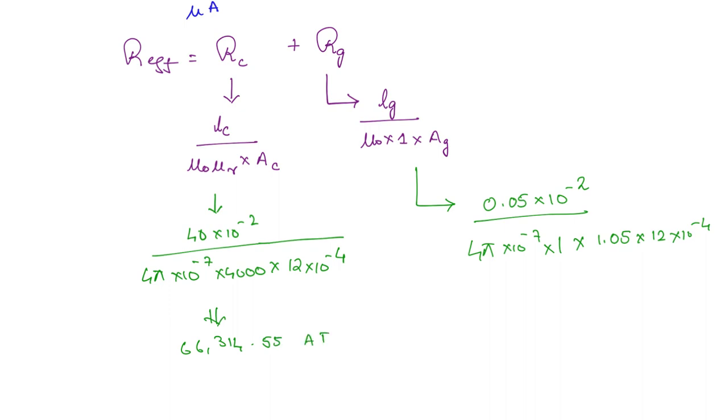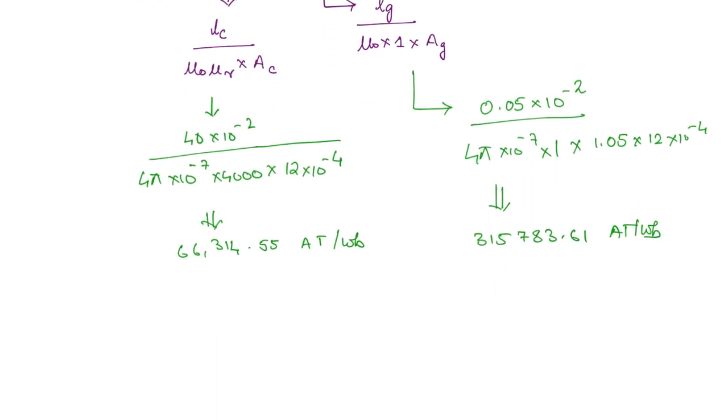The units will be ampere turns per Weber, because reluctance is the mmf by flux. And this value you are going to get is 315,783.61 ampere turns per Weber.